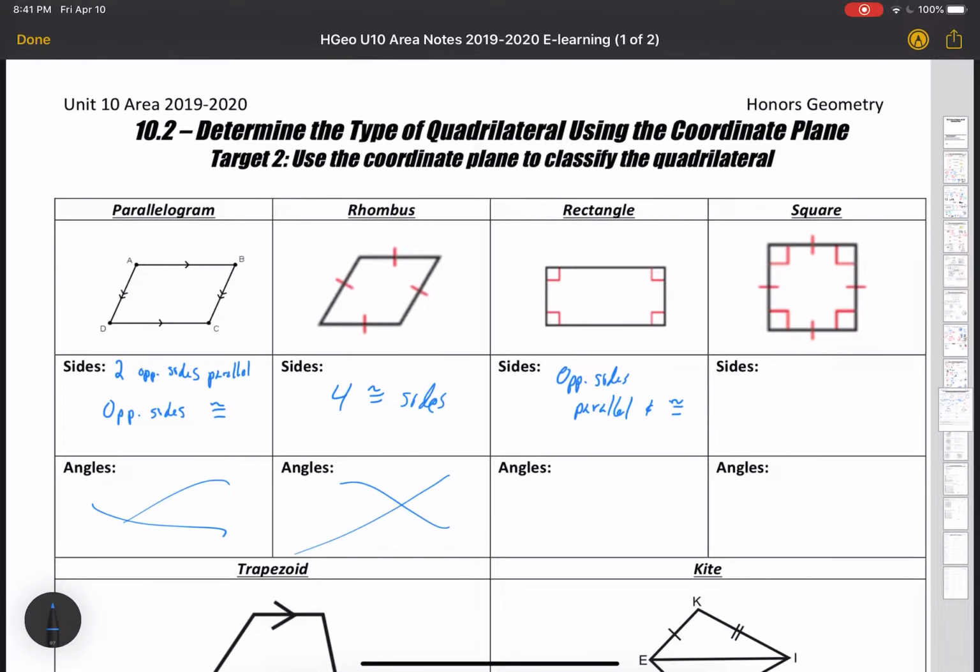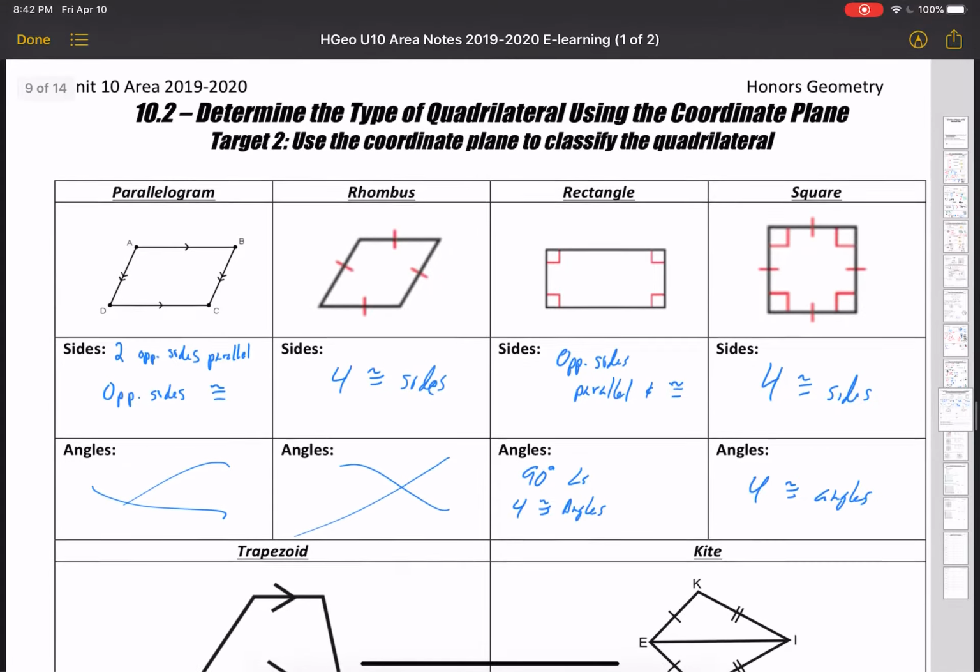But more importantly, we have 90-degree angles. So we've got four congruent angles, which means that the lines are going to be perpendicular. And then in a square, remember it takes the properties from a rhombus and a rectangle, so it's got four congruent sides, and it's got four congruent angles.